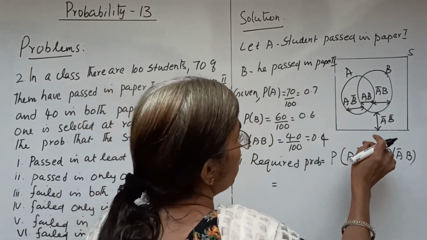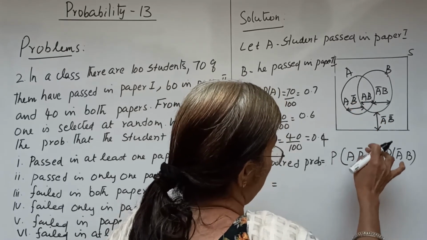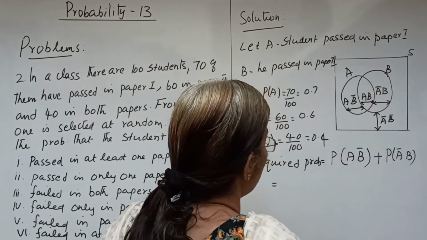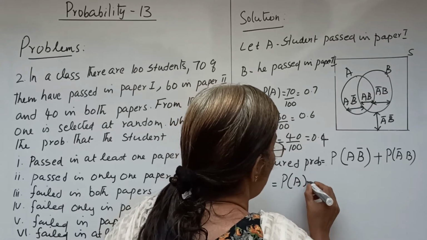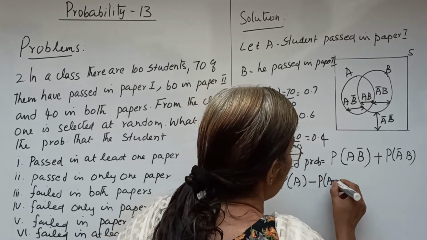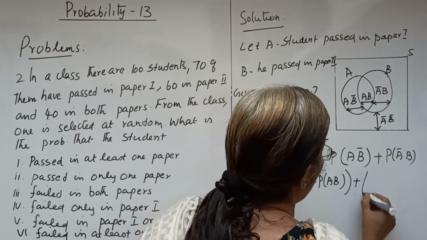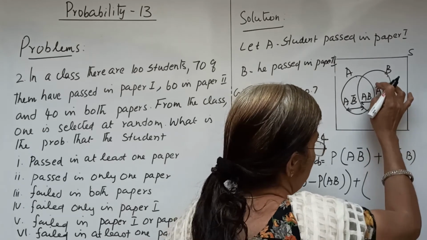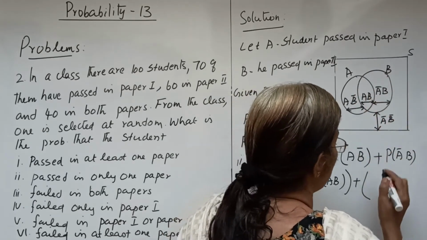So here we can obtain this probability as P of A intersection B bar, P of A the whole minus P of AB. So let us write P of A minus P of AB; this is P of A intersection B bar. Plus, similarly, the other part, P of A bar intersection B: P of B minus P of AB.